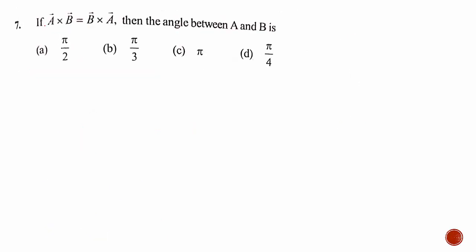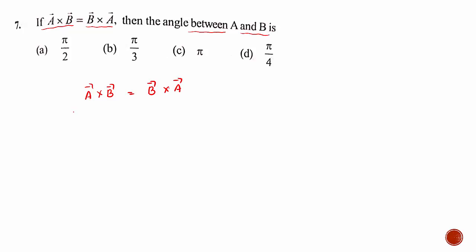Seventh question. If A cross B is equal to B cross A, then angle between A and B is. If A cross B equal to B cross A, then what is the angle between them? Yes. This is a cross product. Vector A cross vector B is equal to vector B cross vector A. This is cross product.